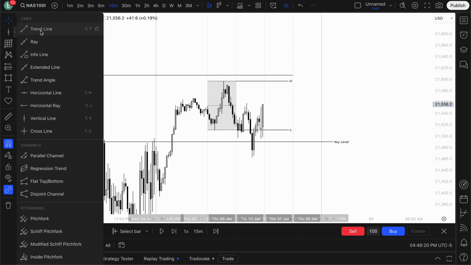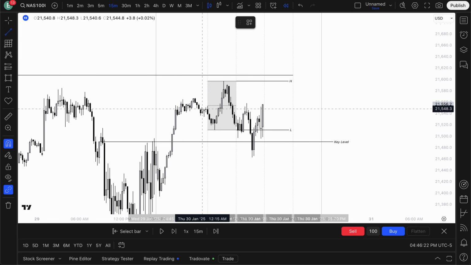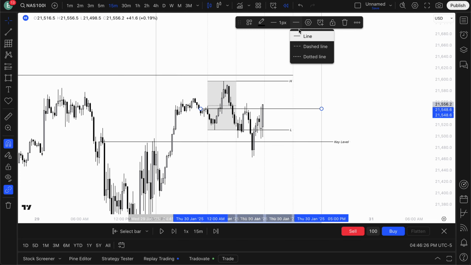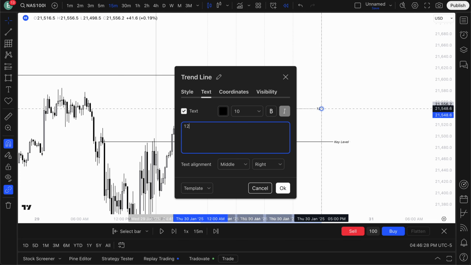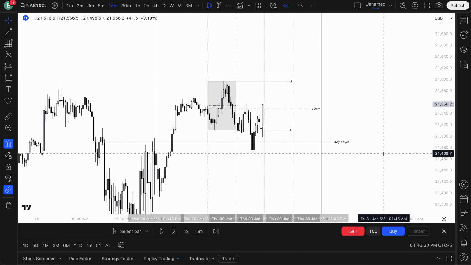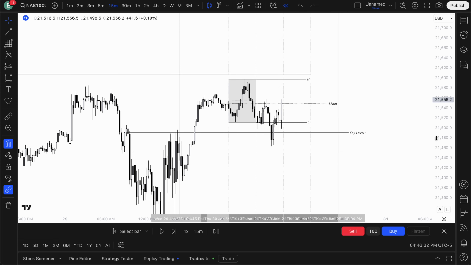Let's mark out midnight right here. So there's 12 a.m. And we can see before 9 a.m. opened up, well, let's also add the 50%.